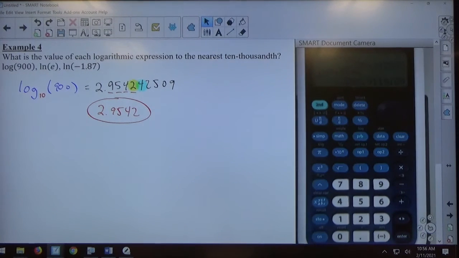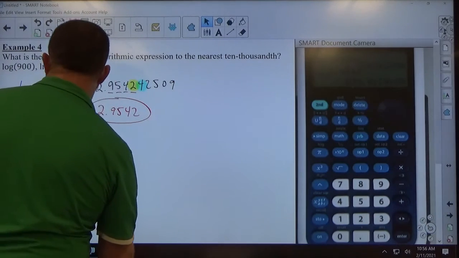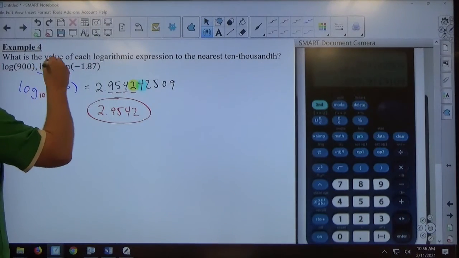We round it so it won't be exactly 900, but it should be really close to 900. So again, it's very easy to check. Make sure you did it right. Okay, the next problem is natural log of e.